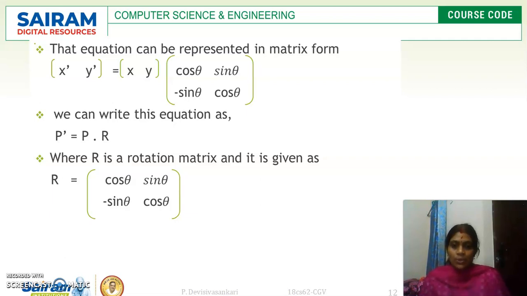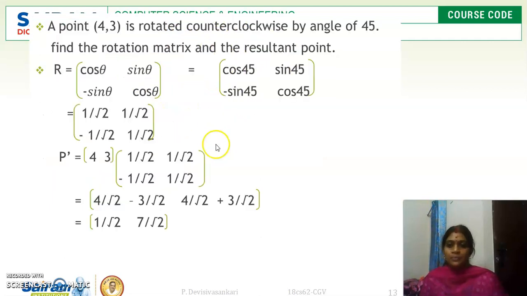P dash is equal to P into R, whereas translation is P dash is equal to P plus T. But here we are using multiplication, P into R. Here R is the rotation matrix. The rotation matrix is this one, right? And here one example.